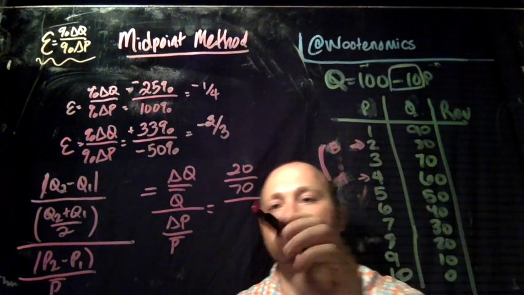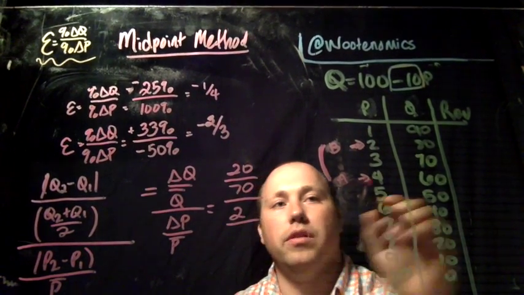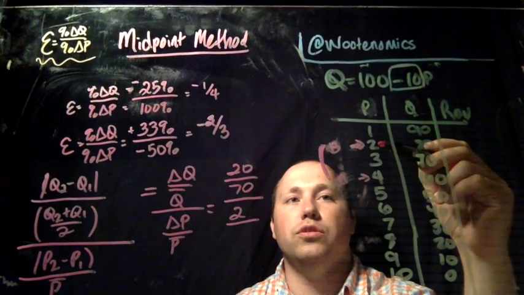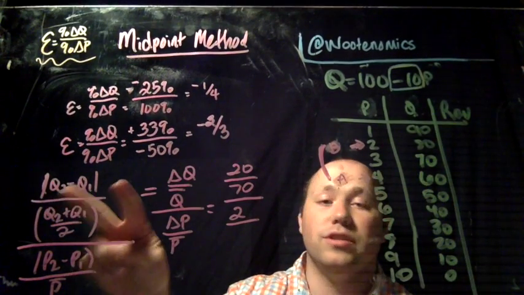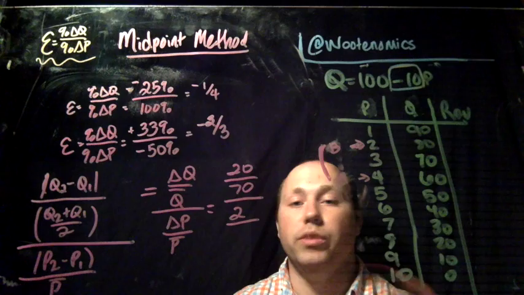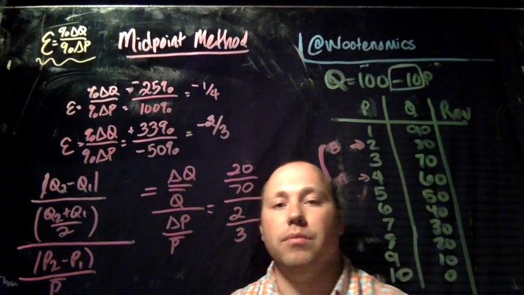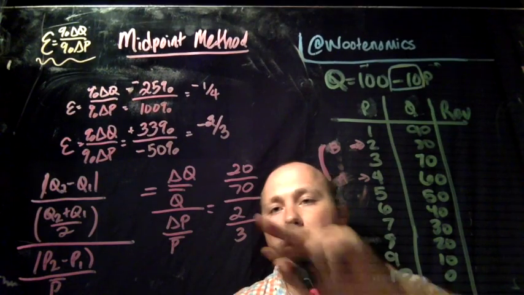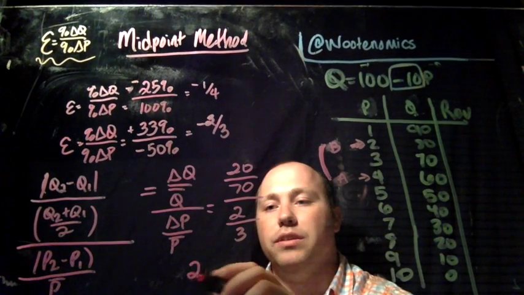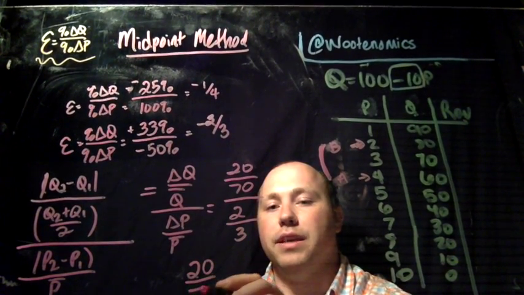We see a similar issue in price. The change in the price is $2. Again, it doesn't matter if you go 4 to 2 or 2 to 4, because we're interested in the absolute value of that. We don't care about the negative sign. The average price is going to be 3. Again, we have two fractions, so we can take this, flip the second and multiply.